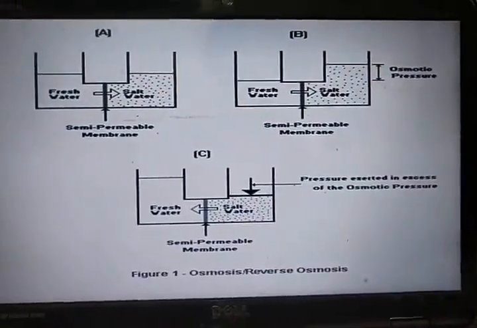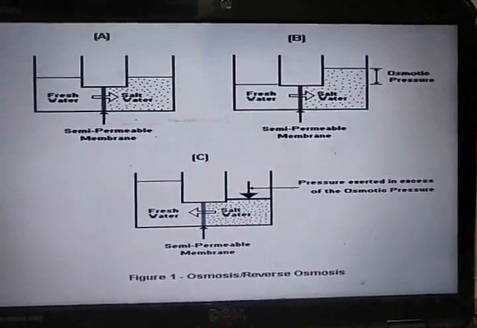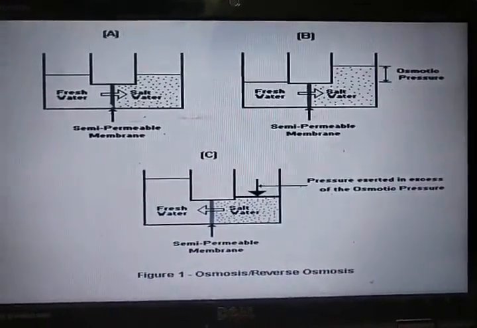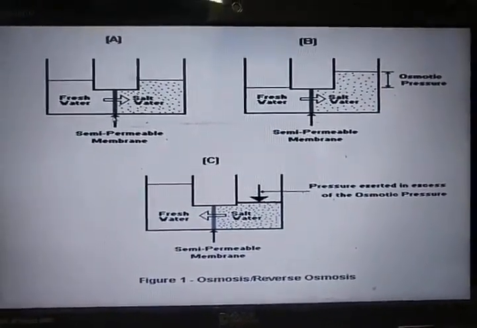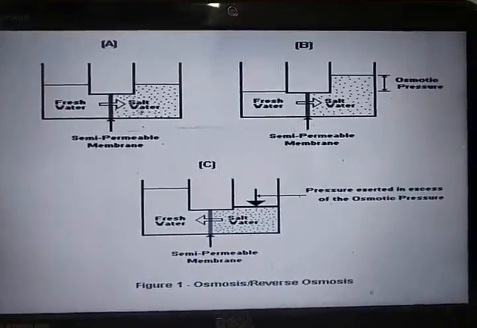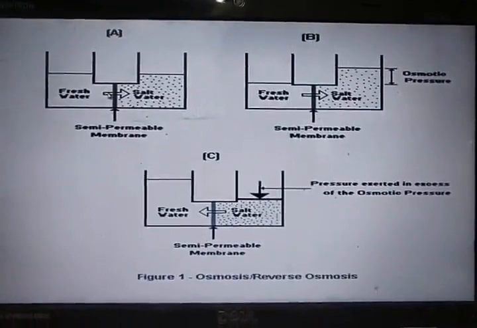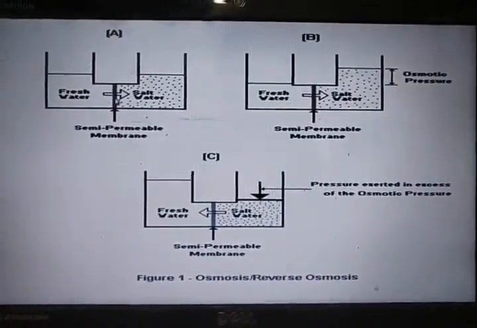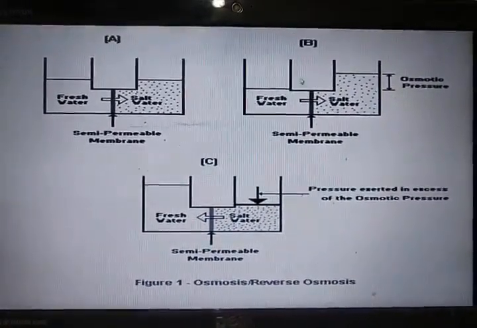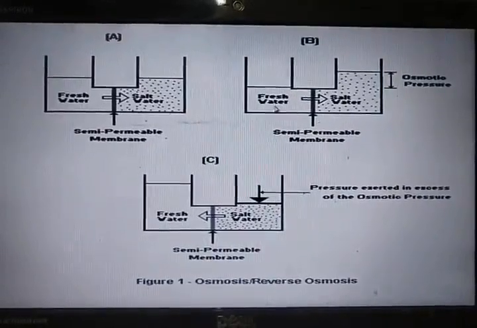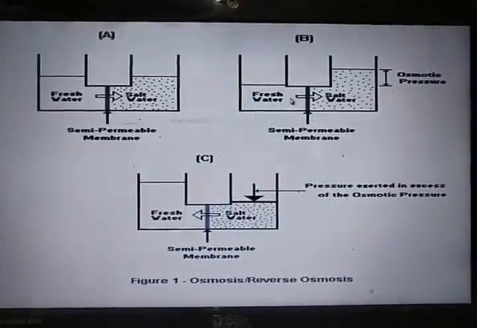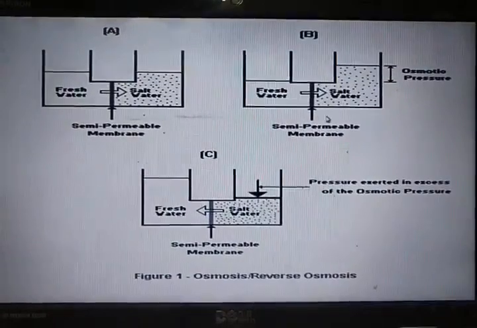You can see this in this diagram. Okay, so this is the salt water, this is the fresh water, and this is the semi-permeable membrane. So this is the normal process wherein the molecules move from the fresh water to the salt water naturally. This is called the osmosis process.